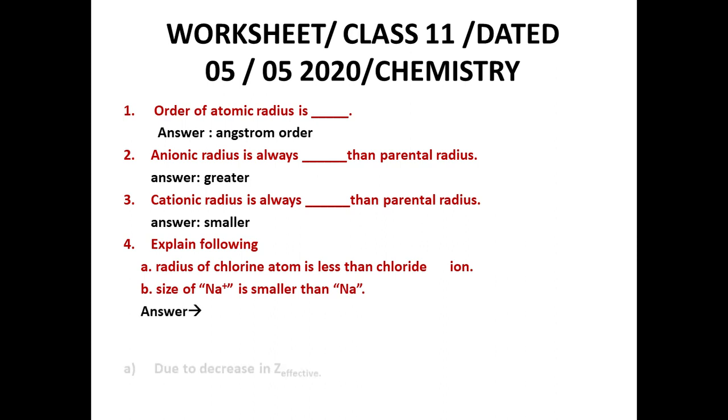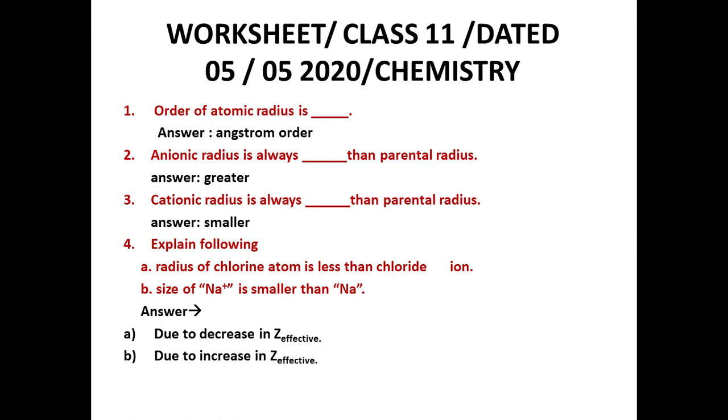Must memorize it, and correlate it with our next slide. In this lecture you just understand that Z effective is a kind of attractive force exerted by the nucleus on the outermost electron present in an atom. So due to decrease in Z effective, due to decrease in attraction, size will increase.